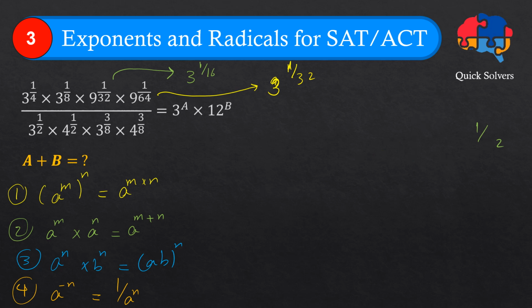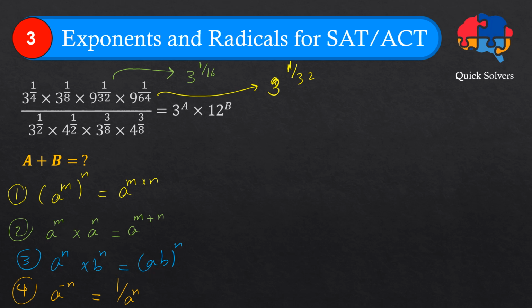Now it's time to focus on the denominator. For the denominator, we have 3 to the power of 1 over 2 times 4 to the power of 1 over 2. You see that the exponents are the same, so maybe I can follow rule number 3, which says since the exponents are the same, I can multiply the bases.